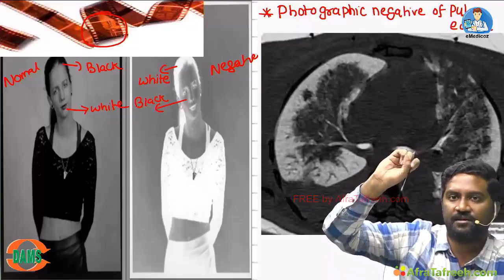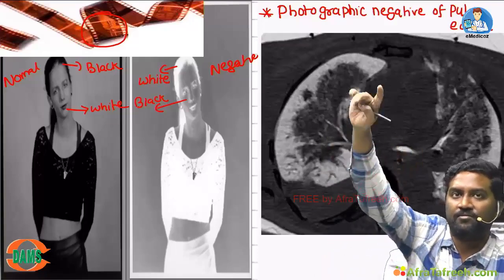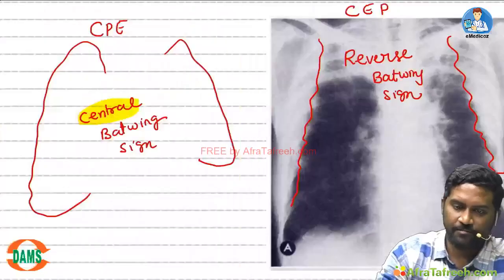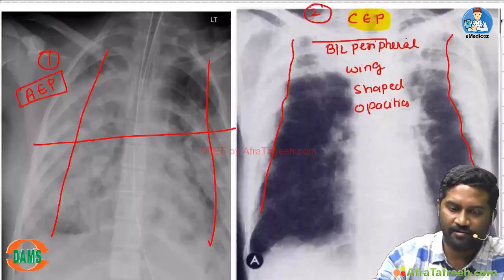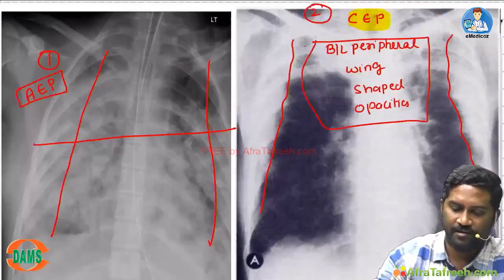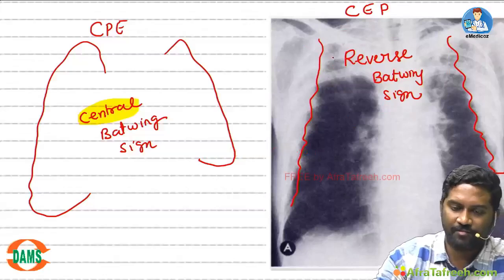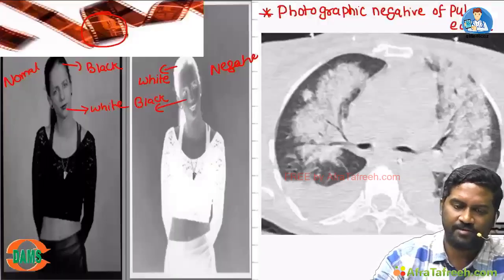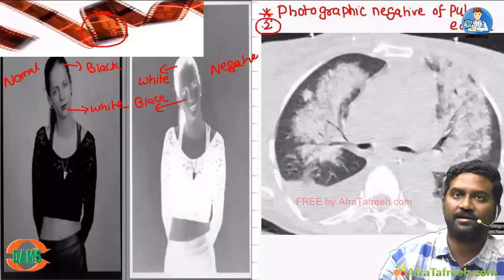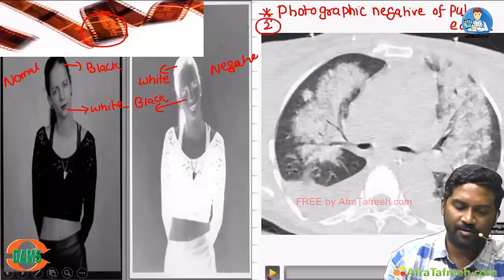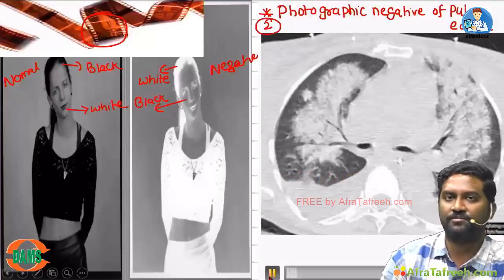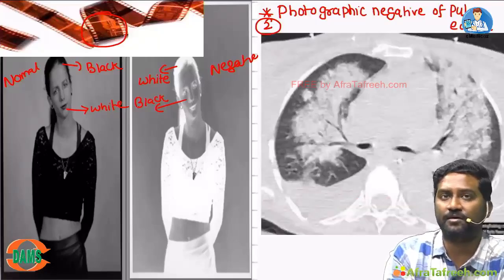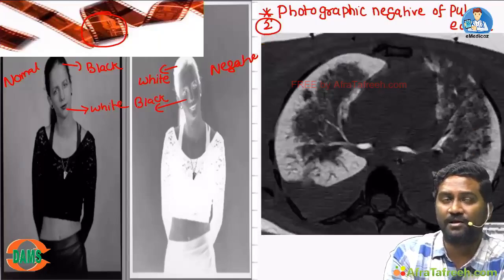So chronic eosinophilic pneumonia is also called the reverse bat wing sign, a sign on chest X-ray. It is also called the photographic negative of pulmonary edema. The simple name is peripheral wing shaped opacities, but it has been complicated by radiologists as reverse bat wing sign, also called photographic negative of pulmonary edema, because the chronic eosinophilic pneumonia CT was looking like a negative filter of cardiogenic pulmonary edema.